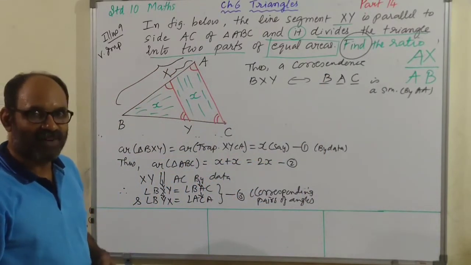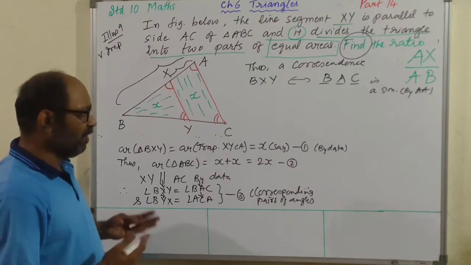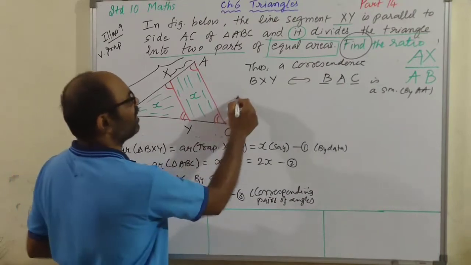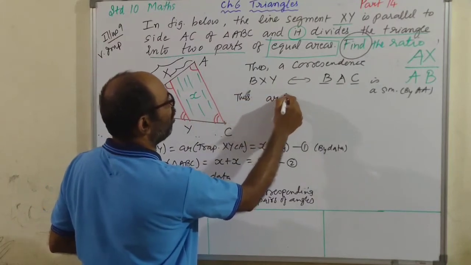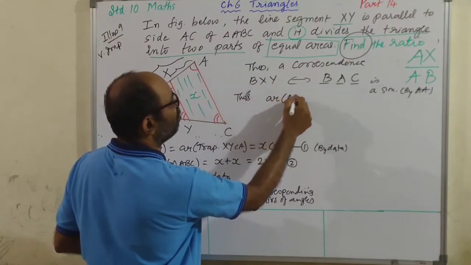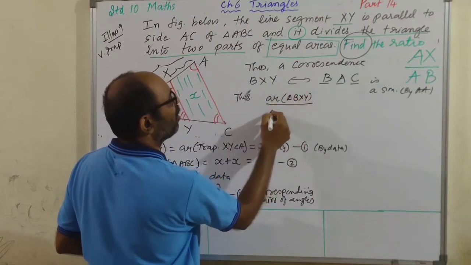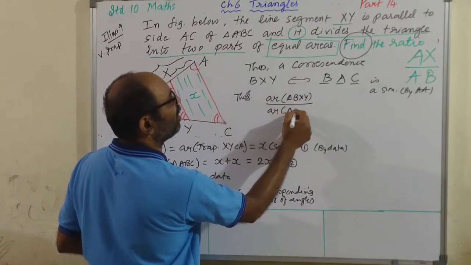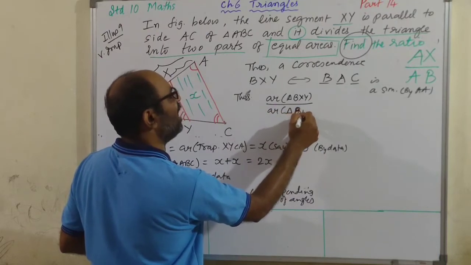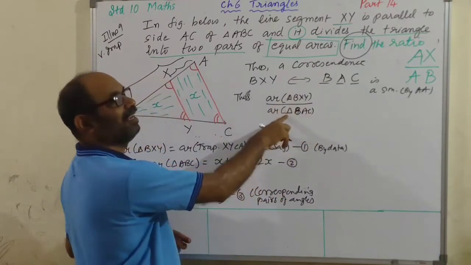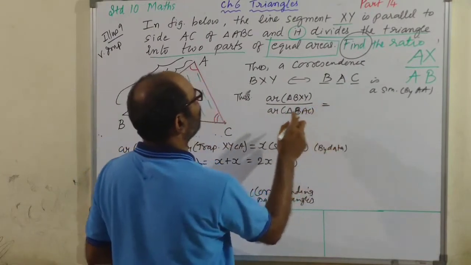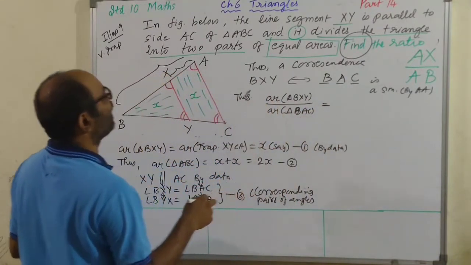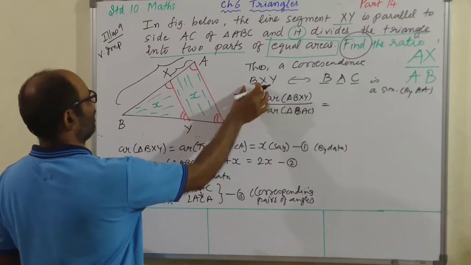So you take the ratio of areas. We need the ratio of areas. Area of triangle BXY upon area of triangle BAC. You can write ABC. After the triangle symbol you can write ABC also, you know? Okay, that is equal to, tell me, what will you take? BX.